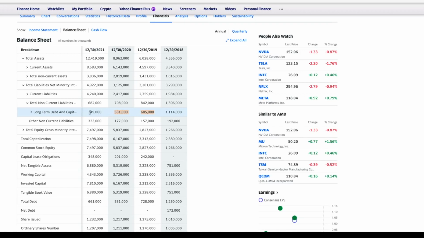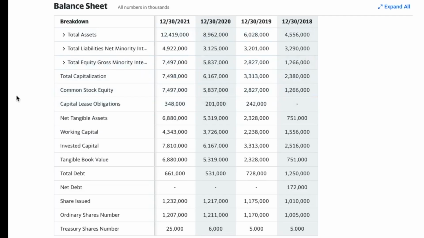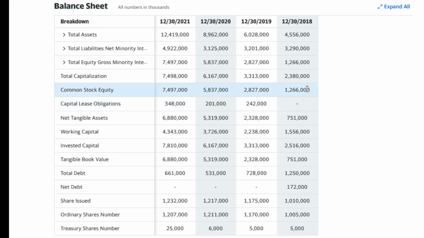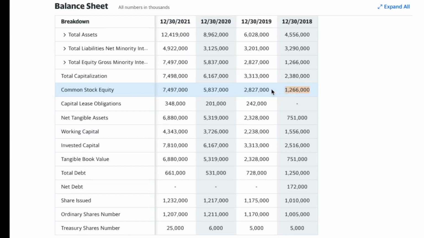And as you can see, in 2021 they have only taken long-term debt of $349 million. Next, we have to consider that the common stock equity, or the stakeholder equity, should increase year over year. And as you can see, AMD has been really successful in this regard, increasing this common stock equity year over year.